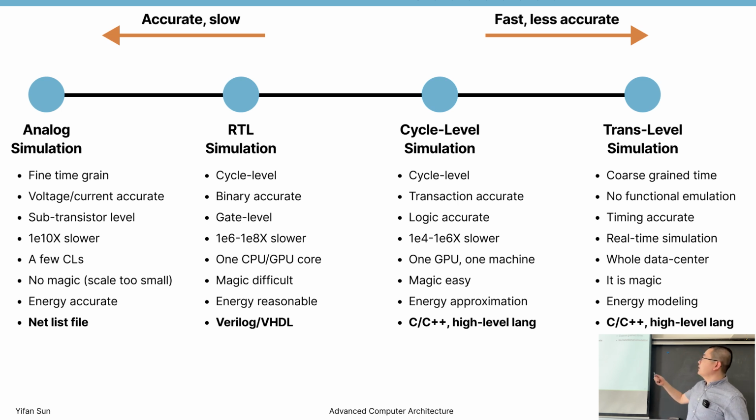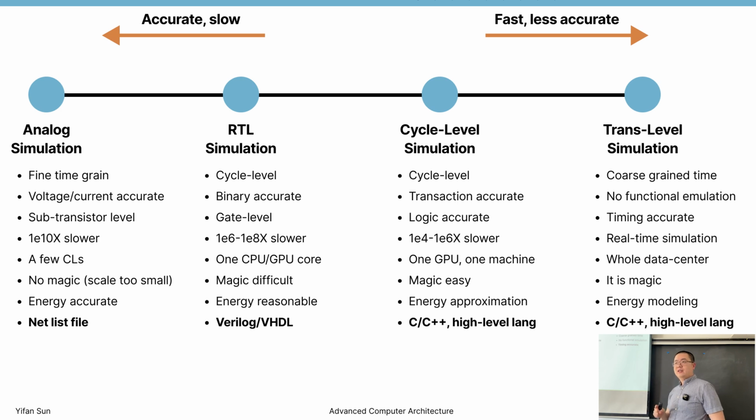Okay, then at the transaction level, basically we typically do time-only simulation. So there's no functional emulation. We do not care about the execution result. We only care about the time estimation. Then at different levels: for analog level, we typically do transistor or sub-transistor level modeling. Then for RTL level, we care about every gate. We need to know every gate and model every gate's input and output.